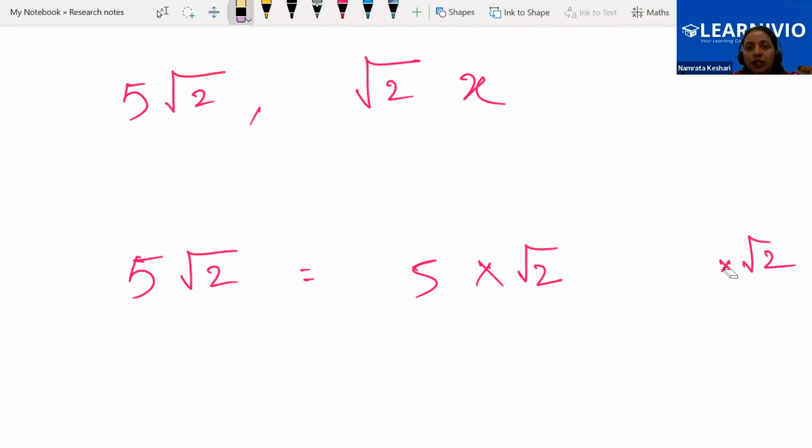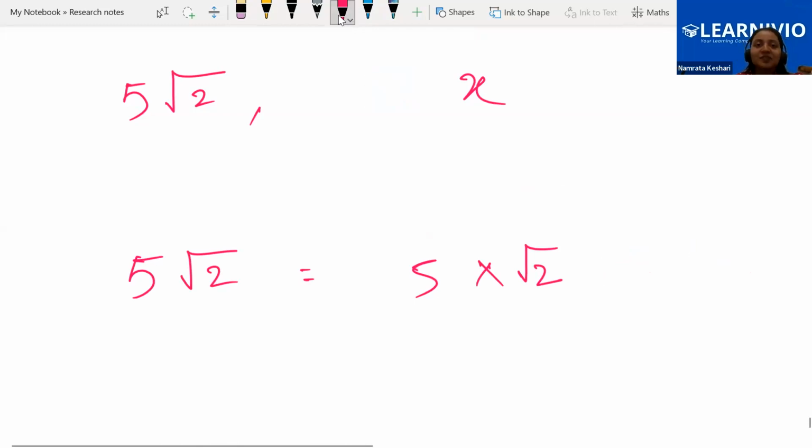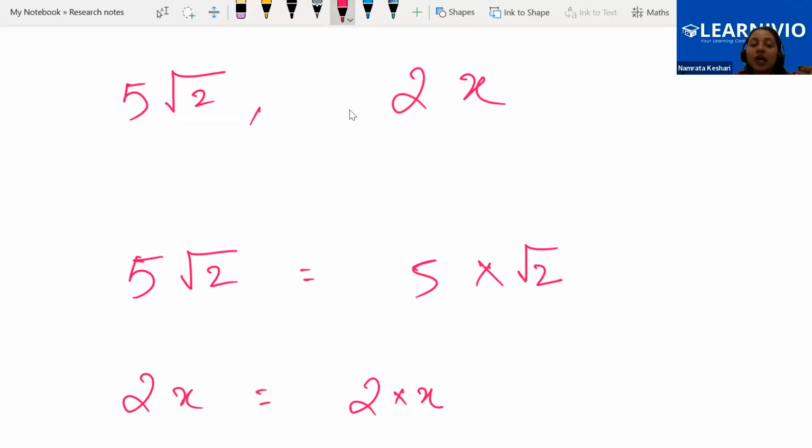Okay. Now the next one. Left by 2. Mistake, I have written just root 2. Just a moment. Let me make it 2x. Yeah, so 2x we have over here. So 2x, what can we write? 2 into x. This 2 we can still factorize and write as root 2 into root 2 into x.